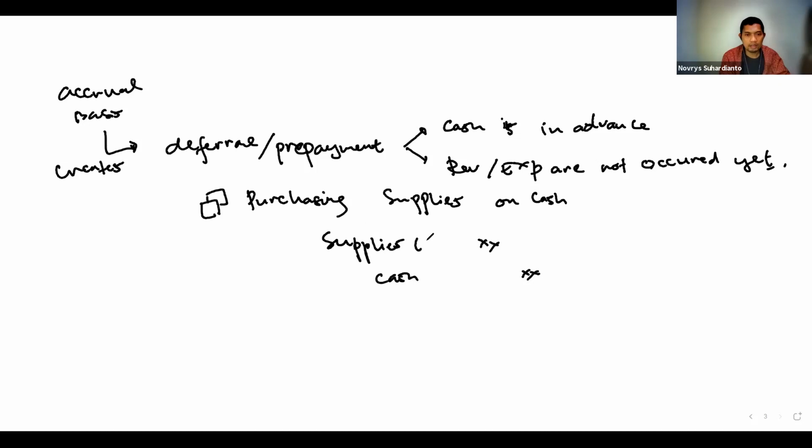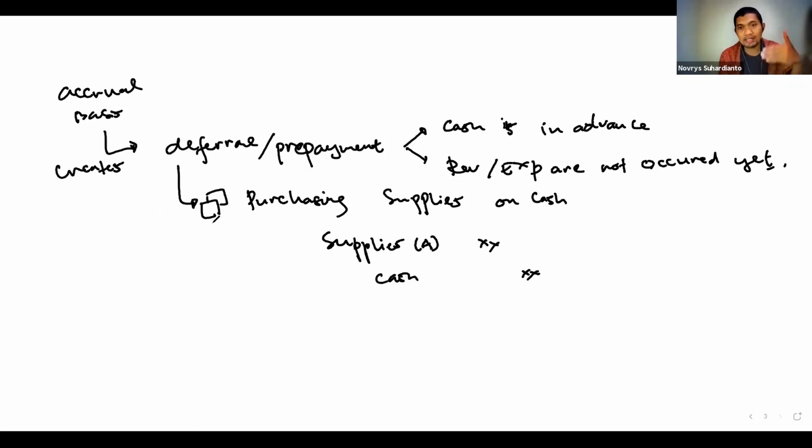Supplies here are categorized or classified as an asset because the supplies still contain future economic benefit. So again, I want to highlight that it's related to the deferral or prepayment.